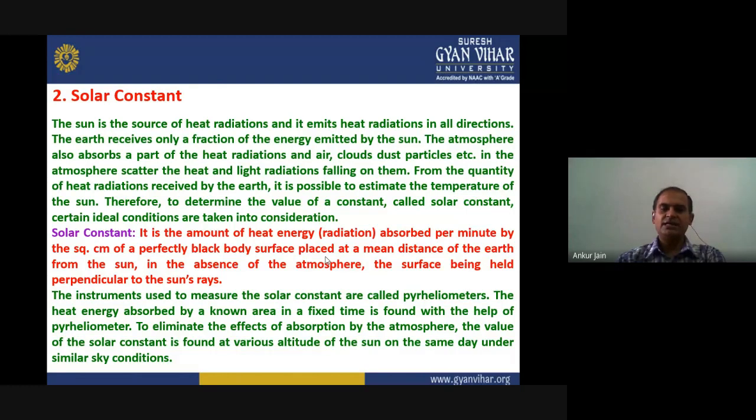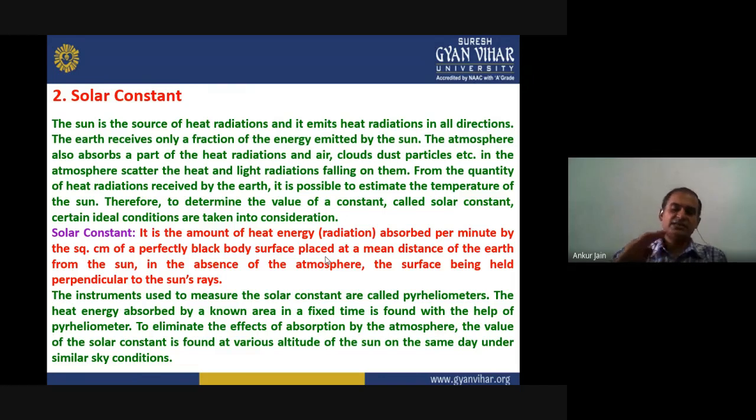The heat energy absorbed by a known area in a fixed time is found with the help of a pyrheliometer. We can eliminate the effects of absorption by the atmosphere by measuring the value of solar constant at various altitudes of the sun on the same day, right?